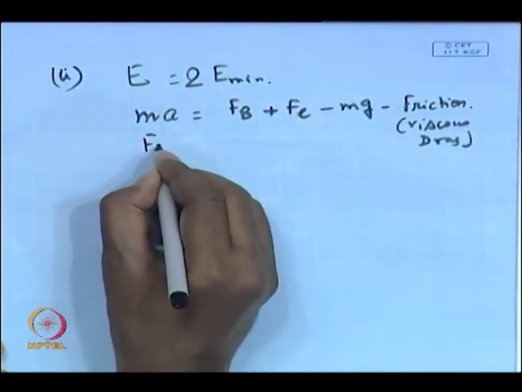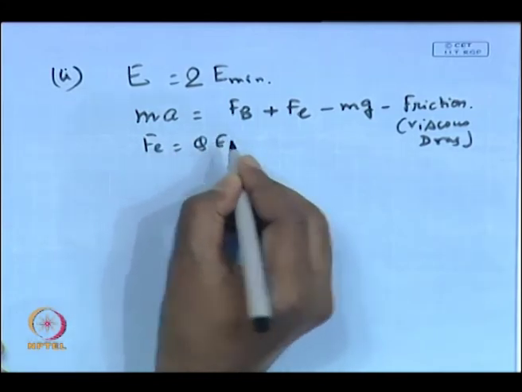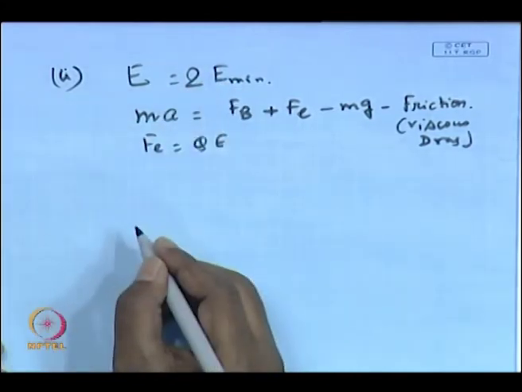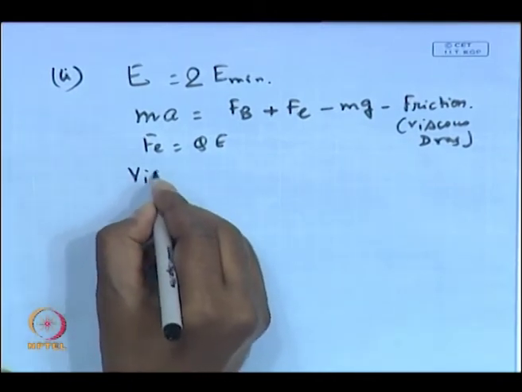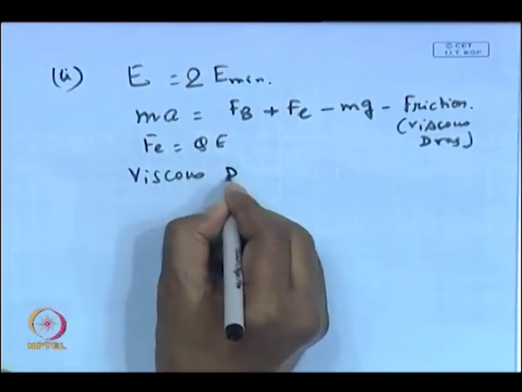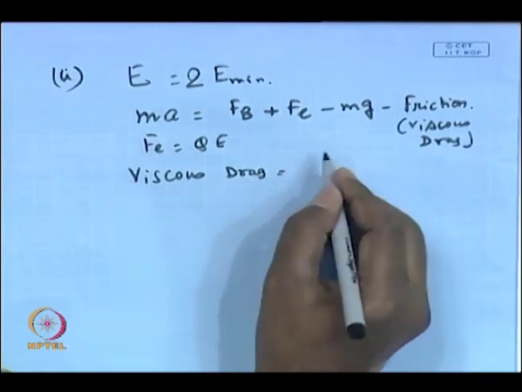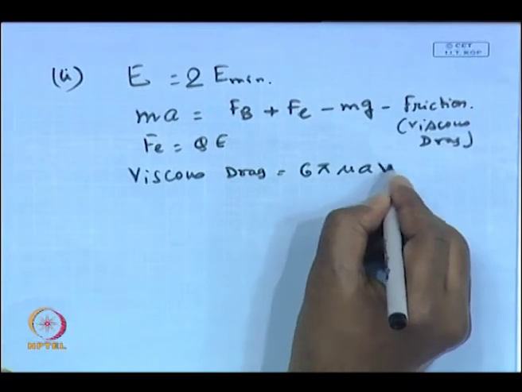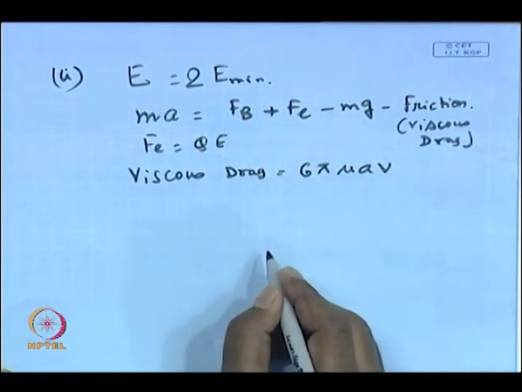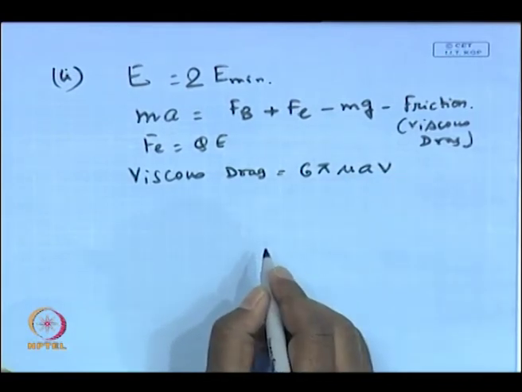And Fe we know as Q times E, where E is nothing but 2 E minimum, and the friction force or viscous drag, if you remember, is in the form of 6 pi mu A times V. This is the viscous drag for a spherical particle.